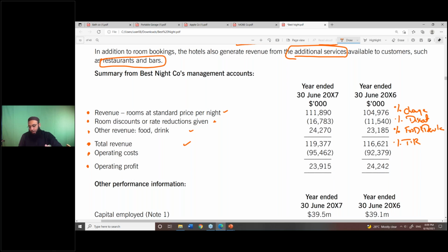Operating cost you have, but there is no breakup, so you can't do anything here. And operating profit, so whenever you are given any gross profit or operating profit, percentage change for operating cost, and for operating profit or gross profit, we'll work out the operating profit margin or the gross profit margin.